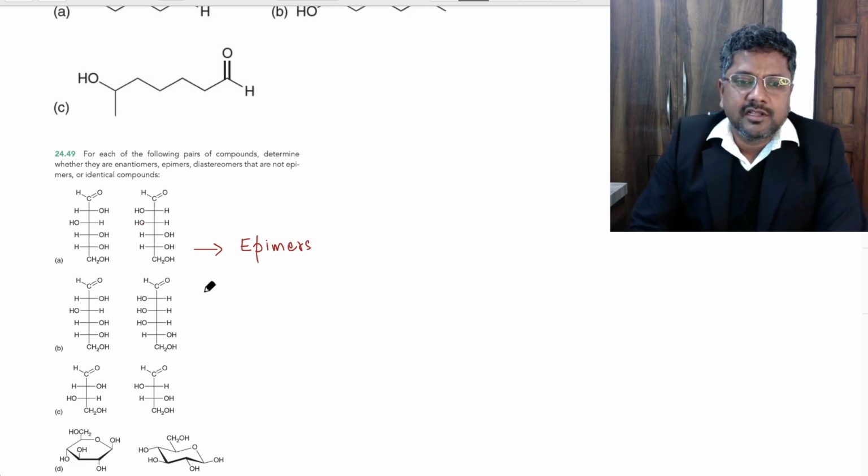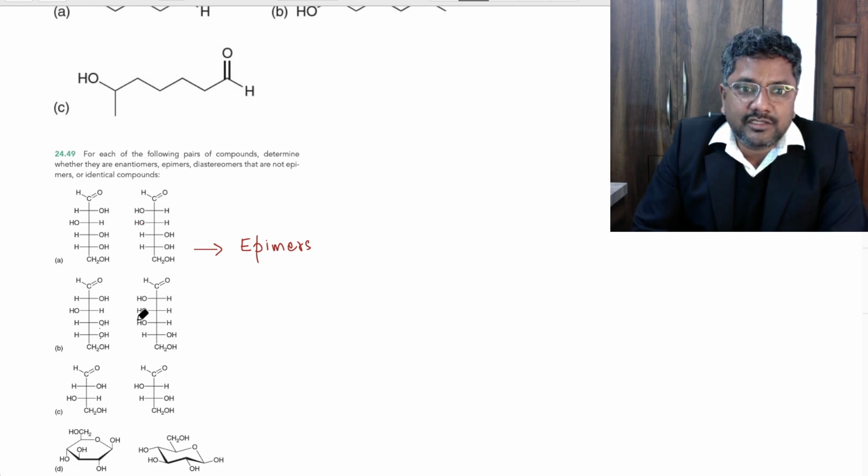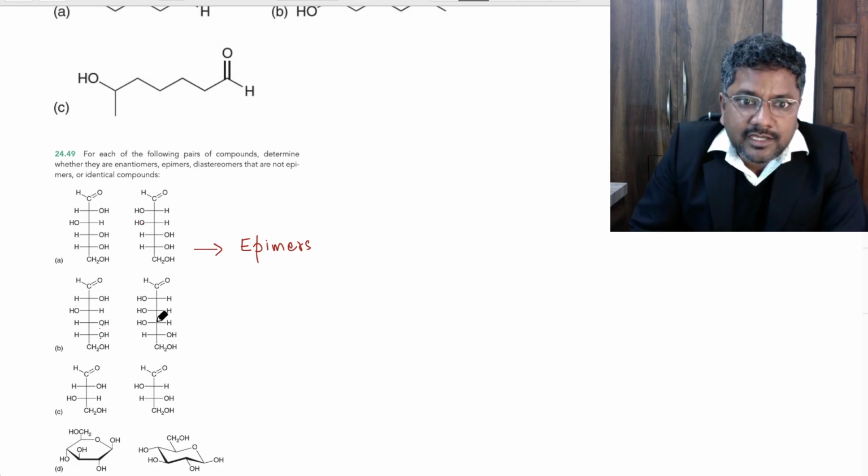Right? Now come to this. See here, OH right hand side, OH left hand side, OH left hand side, OH left hand side, OH right hand side, OH right hand side, OH right hand side, OH left hand side, OH right hand side, right hand side. So in this case, you have two carbons at which the orientation is different.